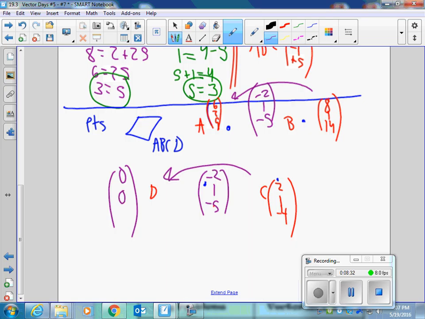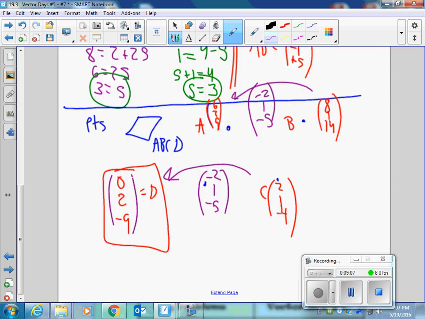Negative 4 plus 5, right? Did I do these right? No. I'm sorry. We're adding these, aren't we? Because we went 8 plus negative 2 to get 6. 2 minus 2 is 0. 1 plus 1 is 2. Negative 4 plus negative 5 is negative 9. And that is correct for D. 0, 2, negative 9.